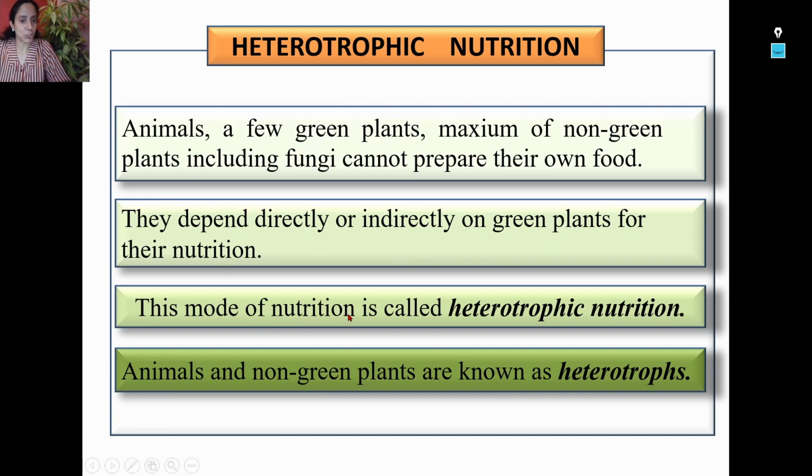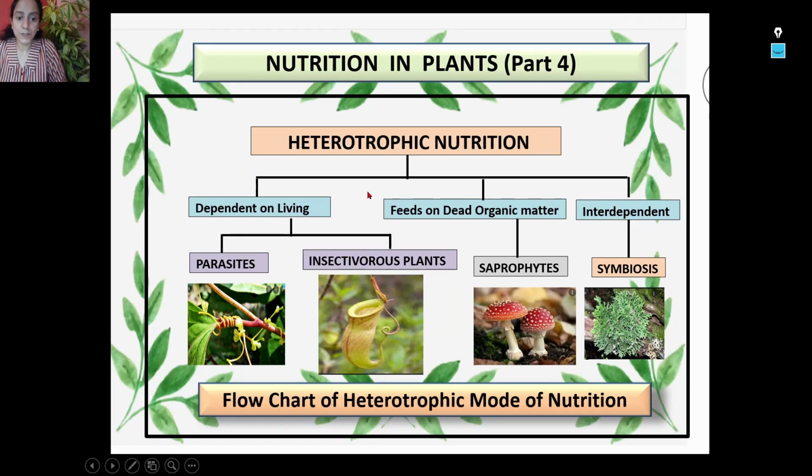So this mode of nutrition, when the organism, whether it's an animal or a plant, is dependent on other animals or plants for fulfilling its nutrition requirement, is called heterotrophic nutrition. And all those animals which have this heterotrophic mode of nutrition are called heterotrophs. In this part, heterotrophic nutrition in plants, our focus will be on all those plants which are dependent on other plants. And in this, we are again focusing on the flow chart of the heterotrophic mode of nutrition.